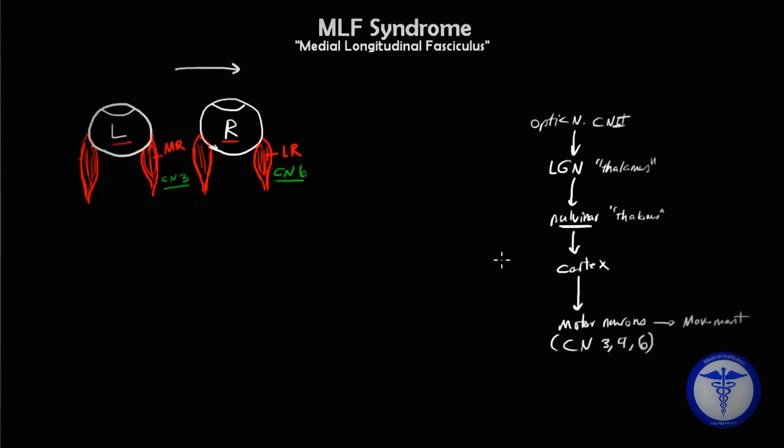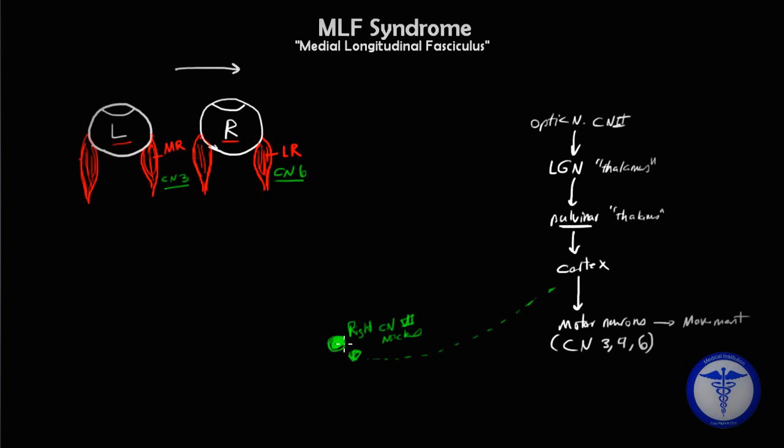The signals that are sent to the motor neurons, they're going to travel, okay, and they're going to go to the right cranial nerve 6 nucleus.